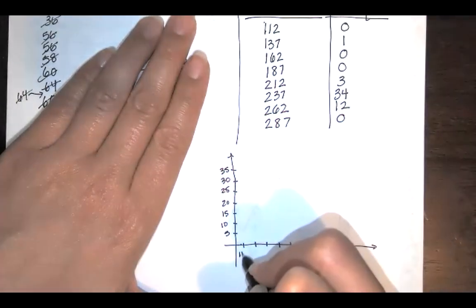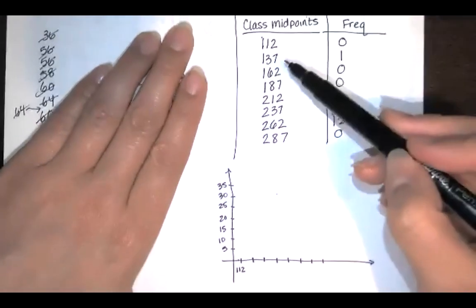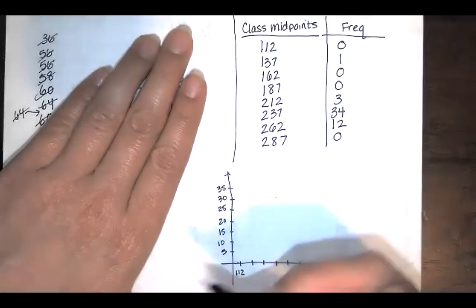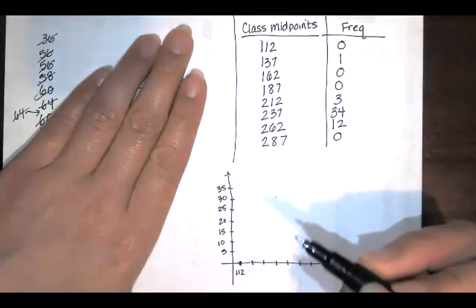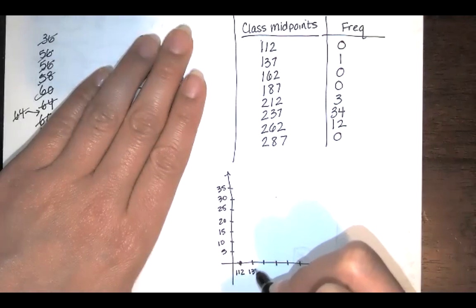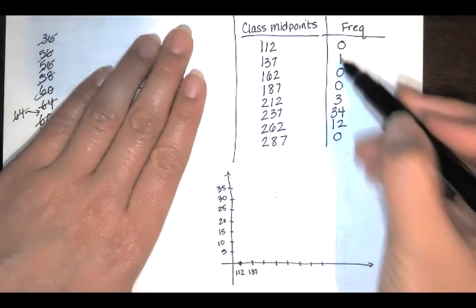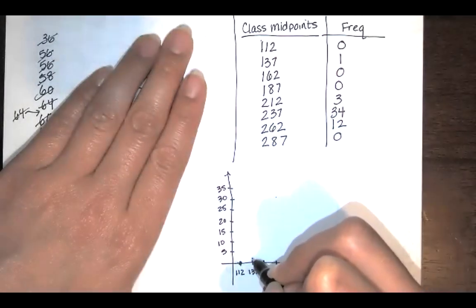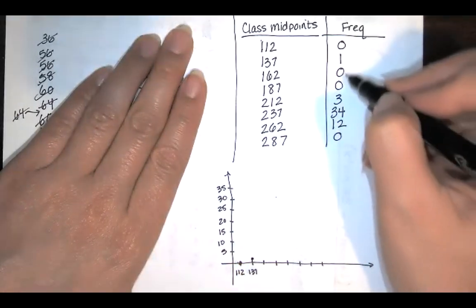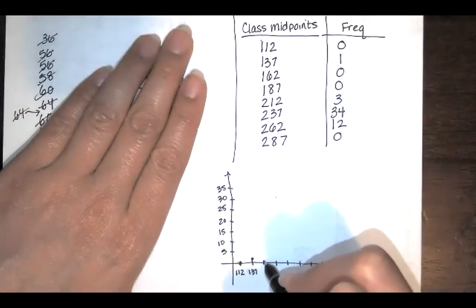Okay, so if this is 112, we want to graph this class midpoint of 112 with a frequency of 0. Then if this is 137, we want to plot that with a frequency of 1, which is not very much at all. Then the next two classes have a frequency of 0.